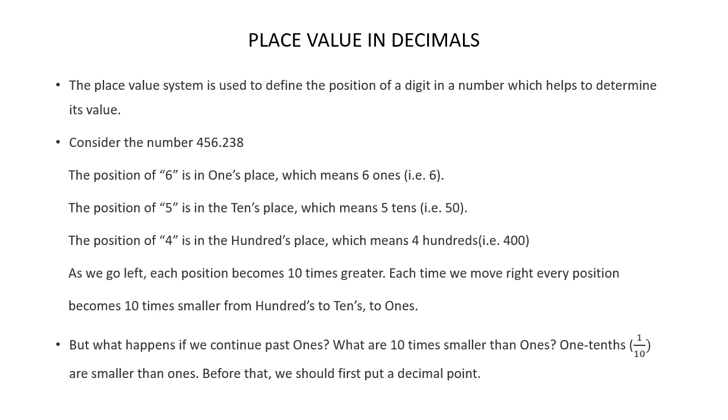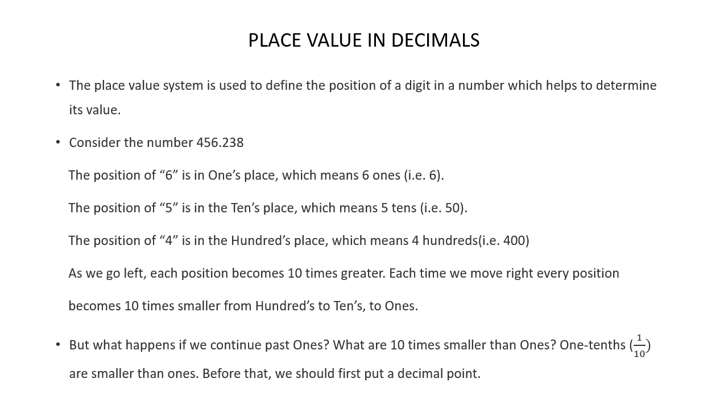Now consider the number 456.238. The position of 6 is in ones place, which means 6 ones, that is 6. Now the position of 5 is in the tens place, which means there are 5 tens. 5 tens means 50.